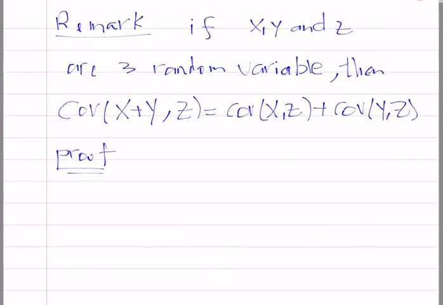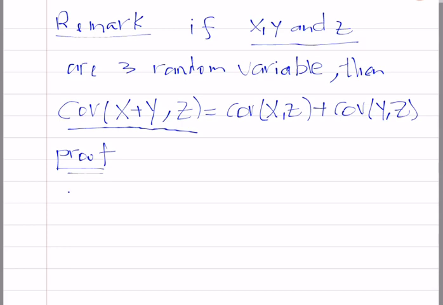In this remark we have three random variables, x, y, and z, and we need to prove that the covariance between x plus y and z is just the covariance between x and z plus the covariance between y and z.